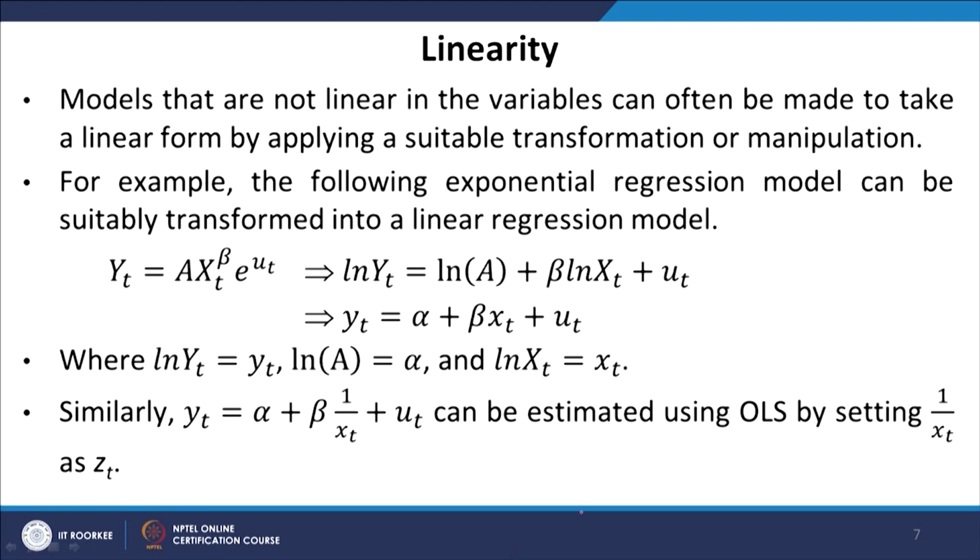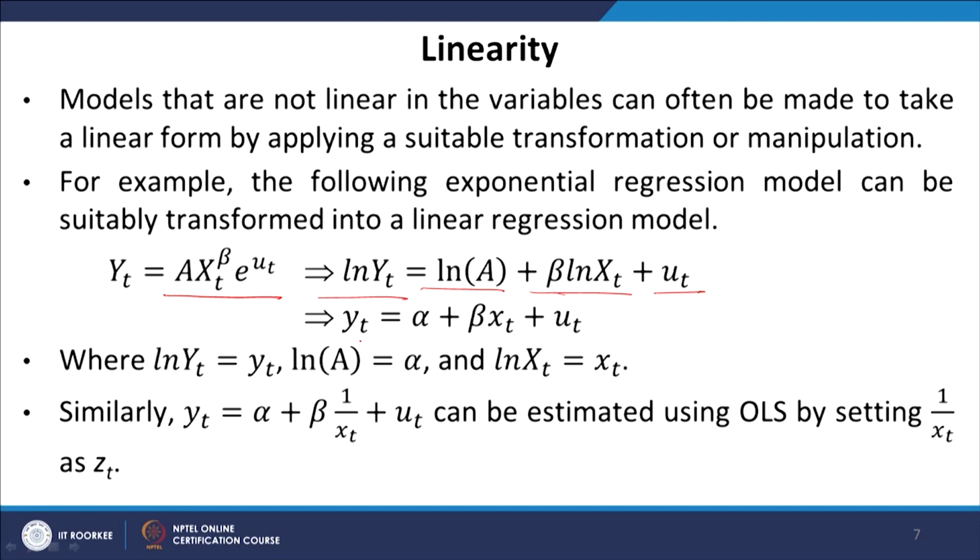To begin with, we have y_t equals a x_t raised to the power beta, e raised to the power u_t. Now, if I take the natural logarithm, then this becomes log y_t equals log a plus beta log x_t plus u_t.